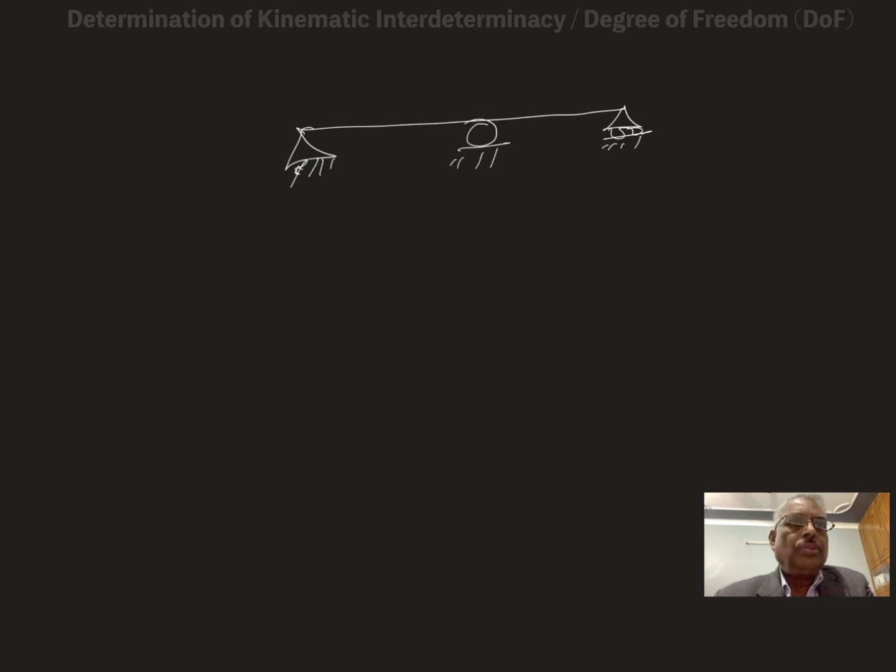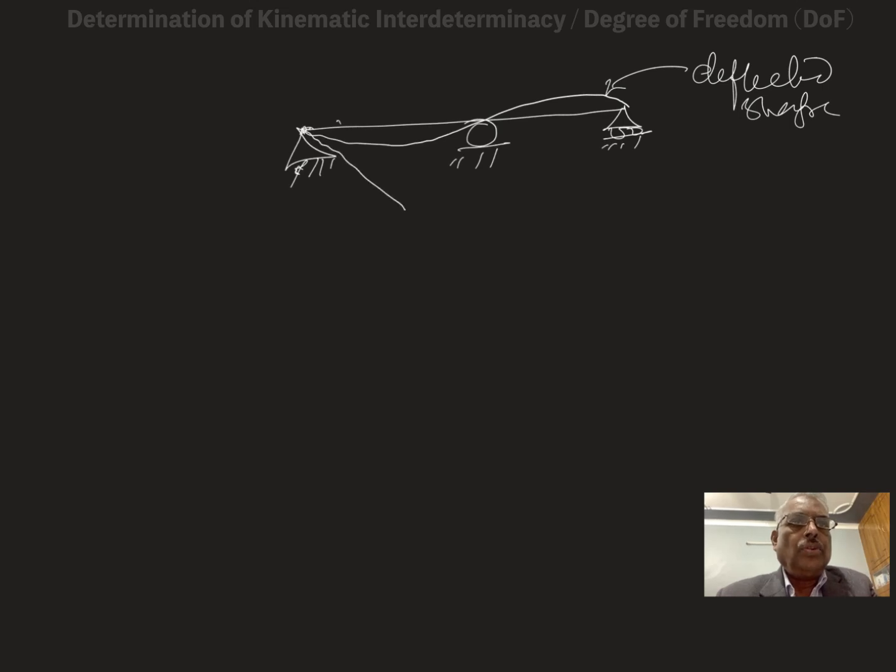Suppose this is the deflected shape. Tangent to the deflected shape will give you the slope. Say this is theta 1, theta 2.